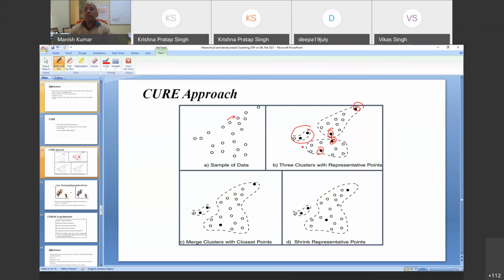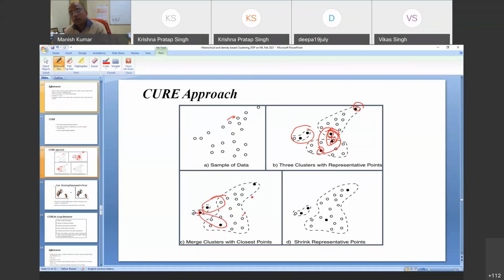You can see that since these 2 points are close enough, and if it is within the threshold we have fixed for the intra cluster data distance, then these 2 can be merged and this becomes 1 cluster out of 2 clusters. Similarly, if the distance between these or between these is within the threshold values, then they can be merged as well.